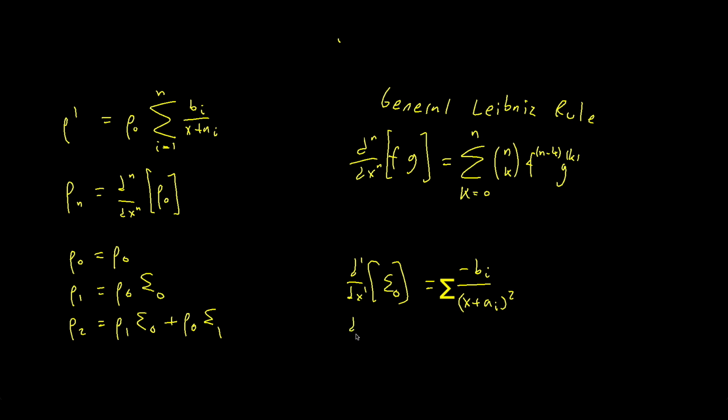Second derivative of this, since this is equal to sum 1, this would be d over dx of sum 1, which is the same as d squared over dx squared of sum naught.